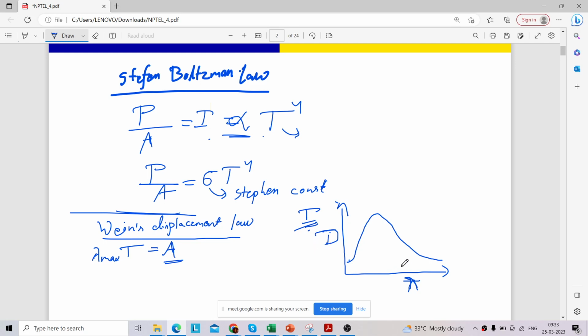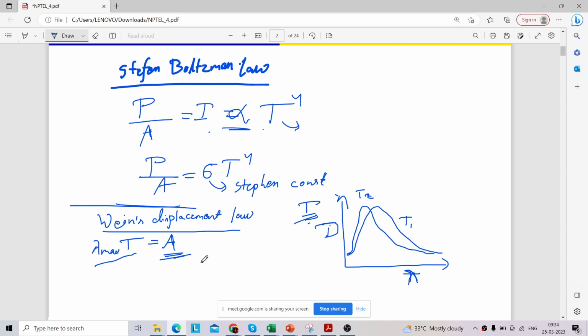So what will we see? Let's say this is for temperature T1, and this one is for temperature T2. It says that lambda times T is a constant. So what does that mean?